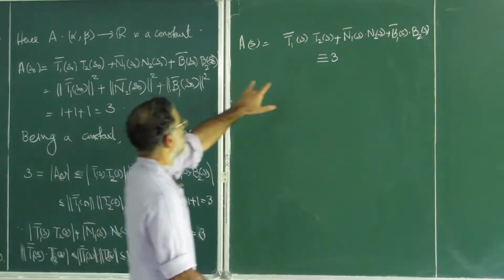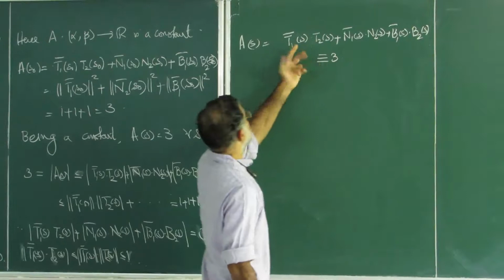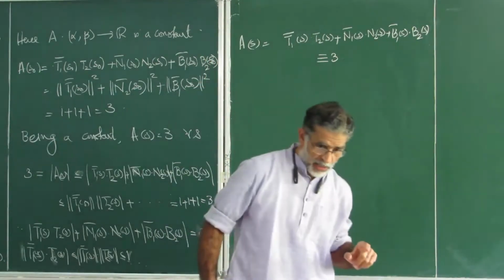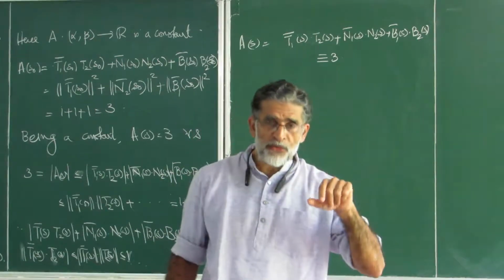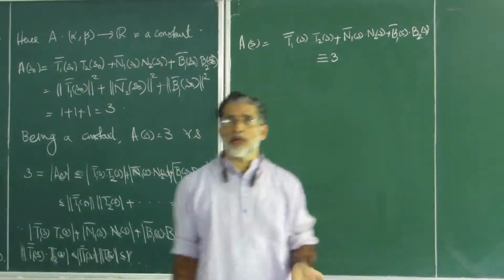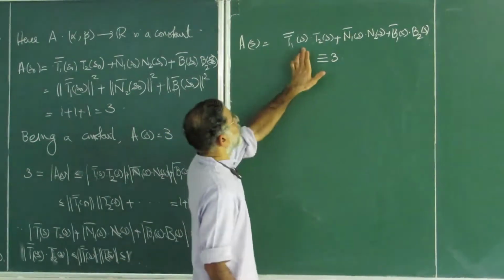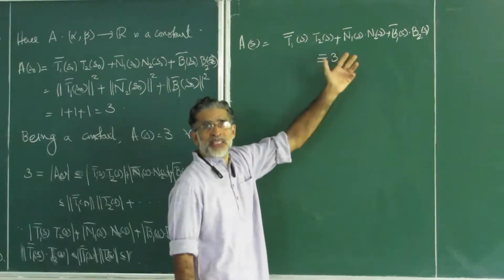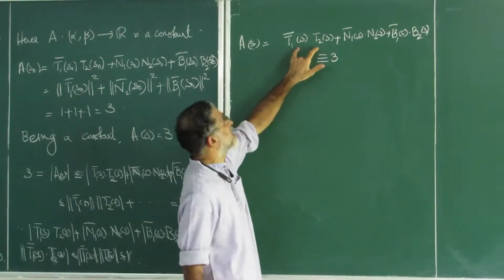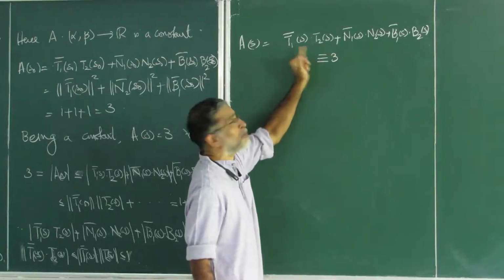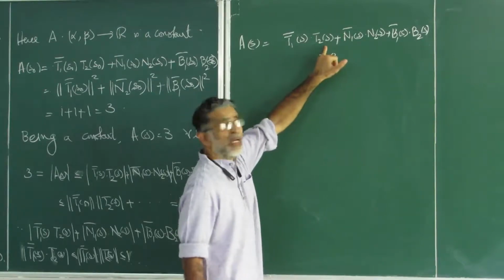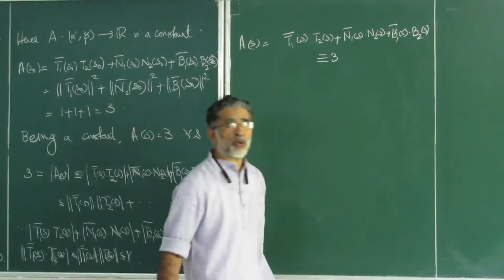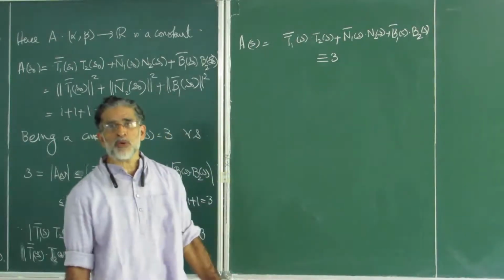But if you look at these numbers, for any 2 vectors, A dot B is equal to norm of A into norm of B into cosine of theta. So it will be less than or equal to norm of A into norm of B. This is a standard Schwarz inequality. So this number is always less than or equal to norm of this into norm of this, but both are 1. Therefore, this number is less than or equal to 1. This number is less than or equal to 1. This number is less than or equal to 1. And you have the sum to be equal to 3.